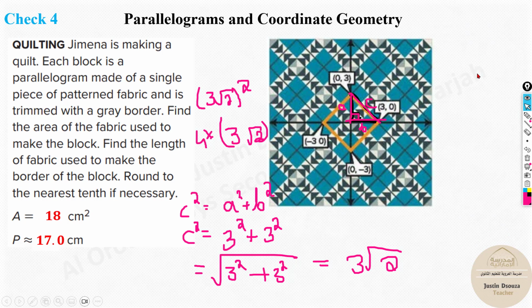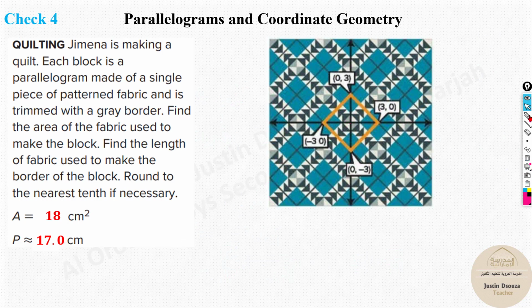Now, there are other methods to solve as well. You can use the distance between these two points. I will solve that method as well. You can take it as x1, y1, x2, y2.